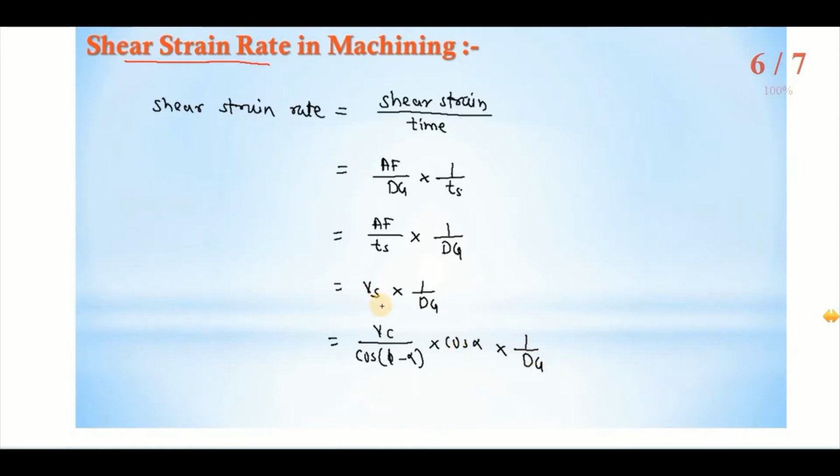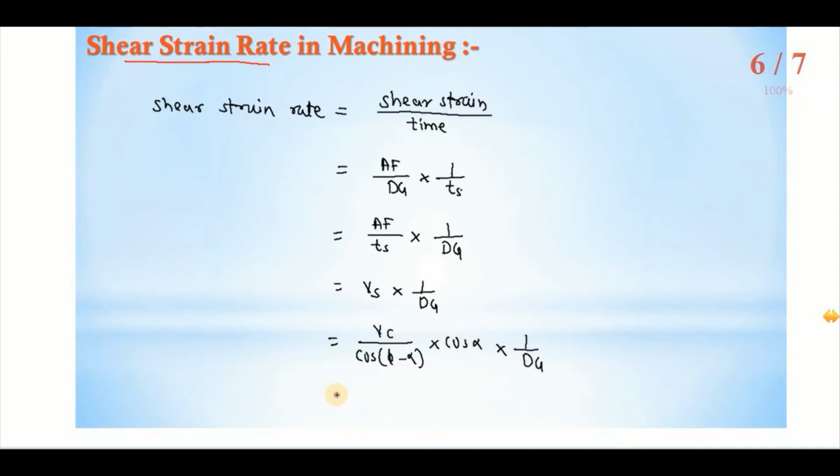So this Vs with respect to cutting velocity, we have written as Vc into cos alpha upon cos phi minus alpha. If you want to know how we calculated this value or derivation, the link is available in the description box. You can check that link, and there you will understand how we wrote Vs with respect to Vc, that is cutting velocity. So this DG is nothing but the thickness of the shear plane.